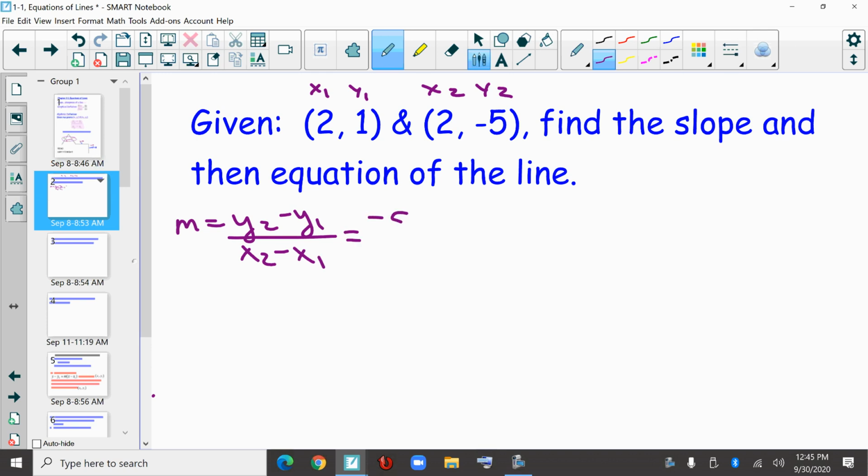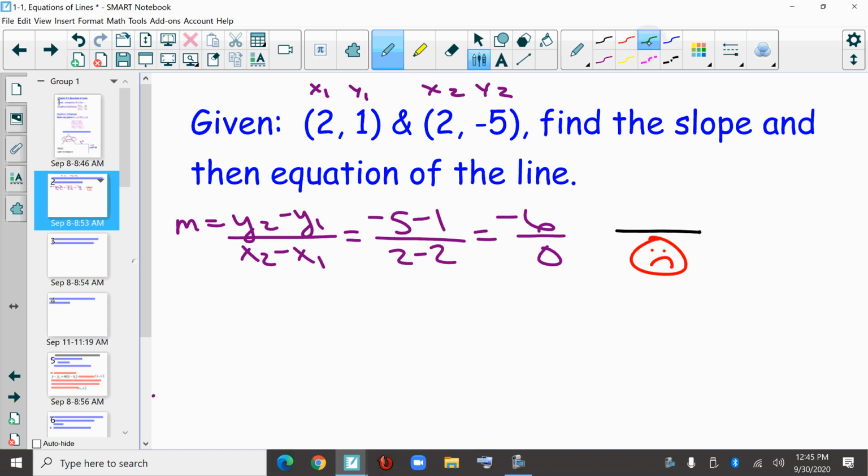And you're going to have -5 minus 1 over 2 minus 2, which gives you -6 over 0. And then your brain's going to stutter a minute, and you're going to say, oh, is 0 in the top allowed or not? Well, if you have 0 in the bottom, it's sad, and if you have 0 on the top, it's happy, meaning good versus evil, however you want to think.